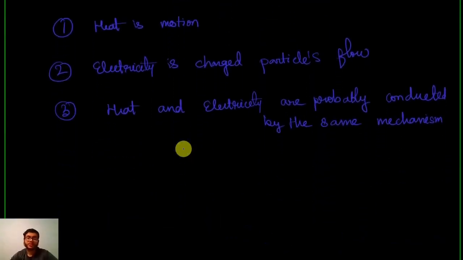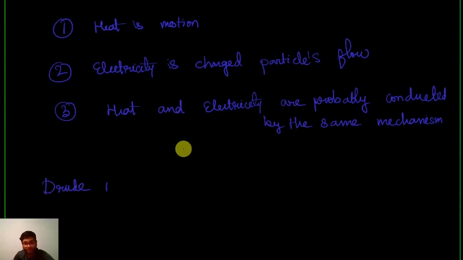So the first model we are going to start in the next class is Drude's model. Drude basically said, okay, fine. He already had access to the kinetic theory of gas.